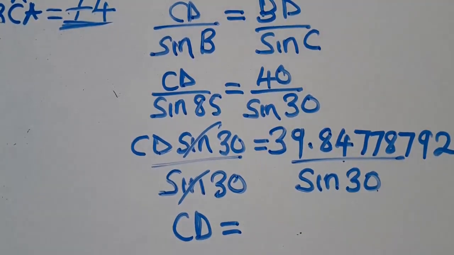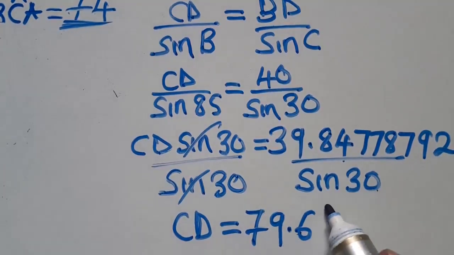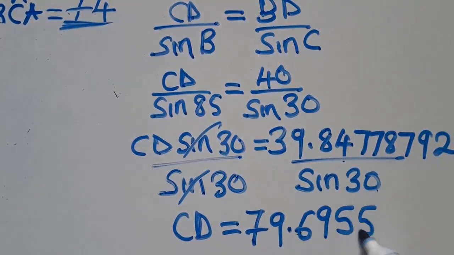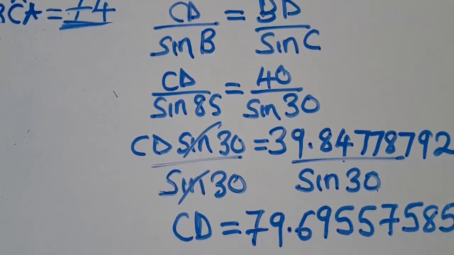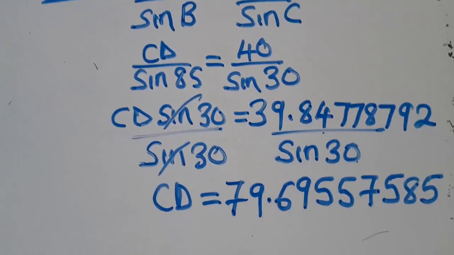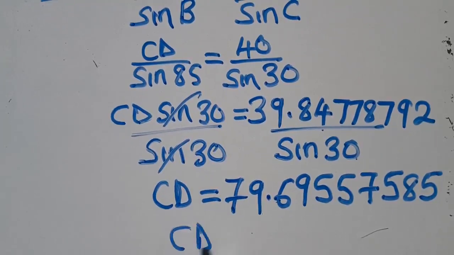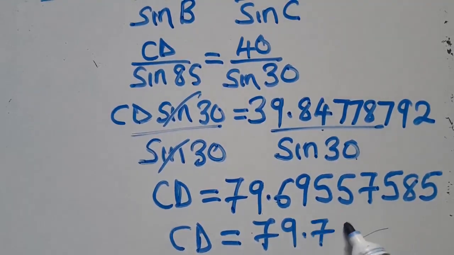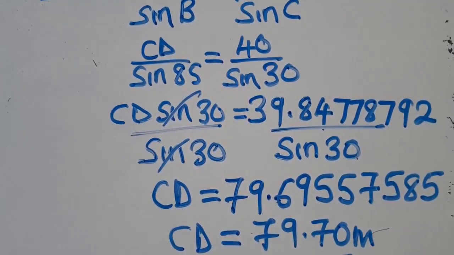What answer are we getting? 79.6955785. You can put this answer to two decimal places, where you say CD is finally equal to 79.70 meters. This is your answer.